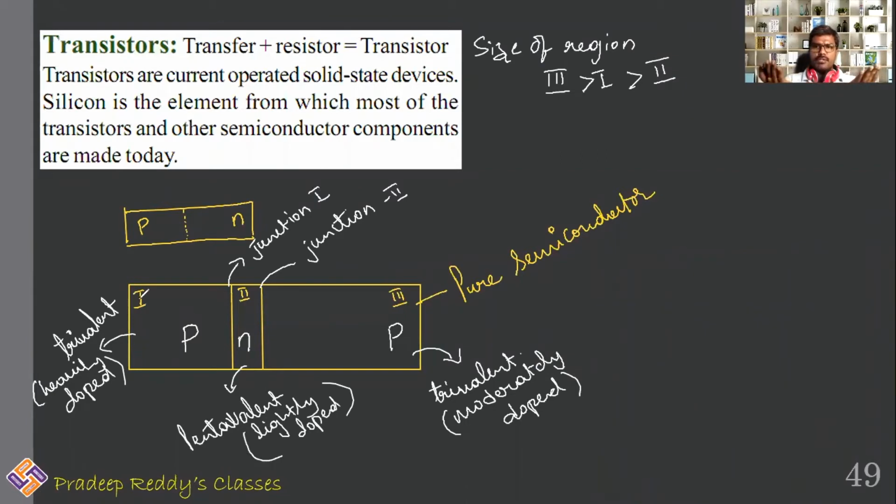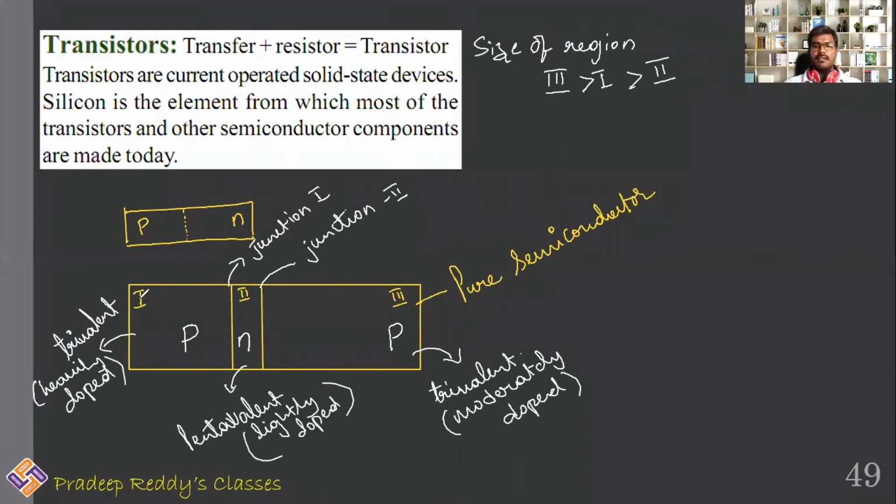So we are taking a pure semiconductor divided into three regions such that the size of region 3 is greater than region 1, which is greater than region 2. The first region we dope with a trivalent impurity such that it is heavily doped. The second region we dope with a pentavalent impurity such that it becomes an n-type semiconductor and is lightly doped.